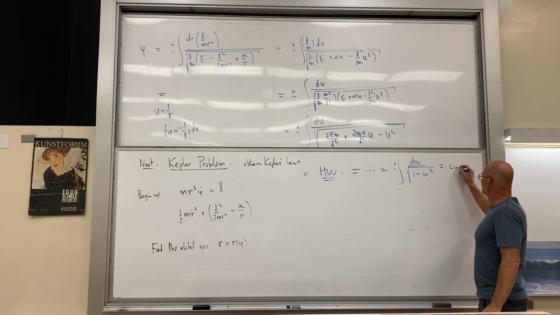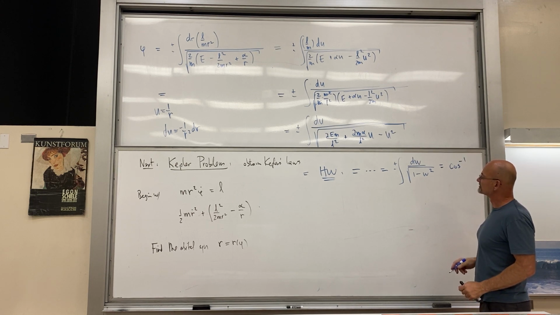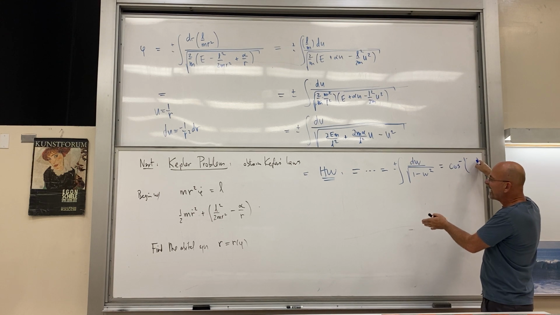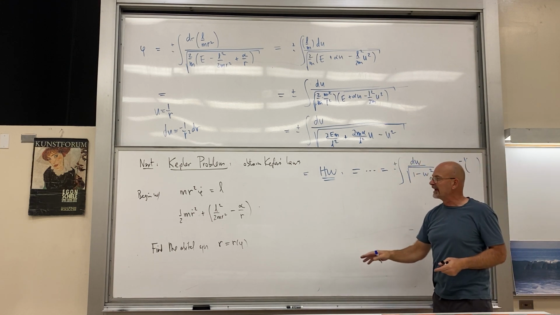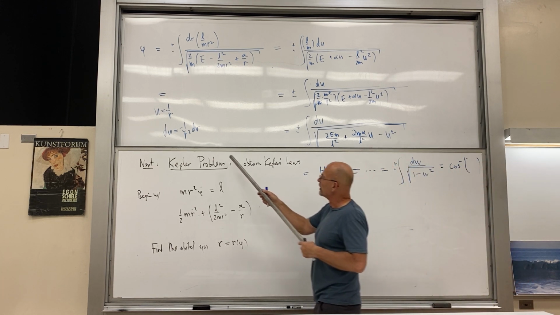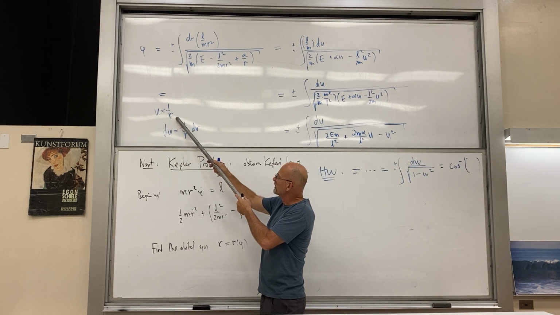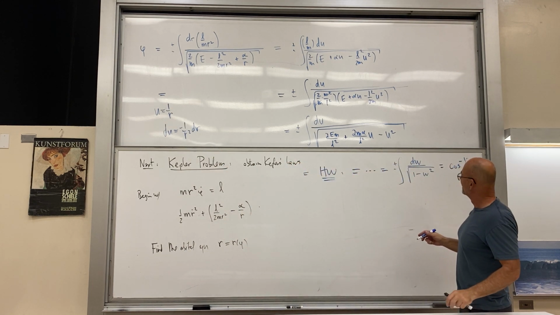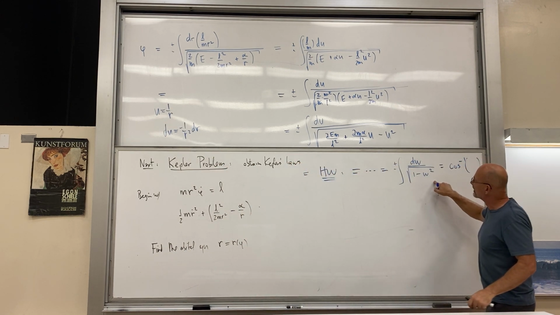Equals inverse cosine of stuff, right? Once you have that, you can get r of phi, because you have that w, and the w contains the 1 over r, which contains the u, which is the 1 over r. So you work your way back. So that's a homework.